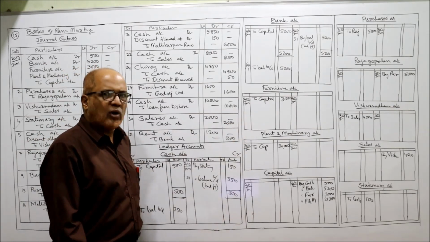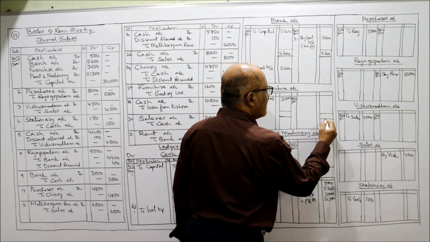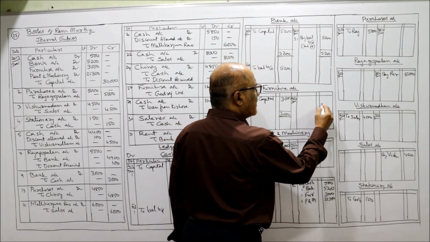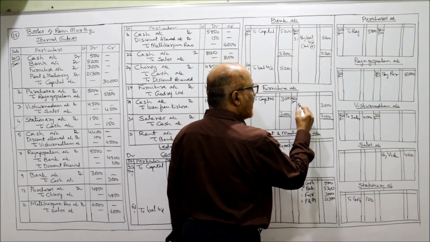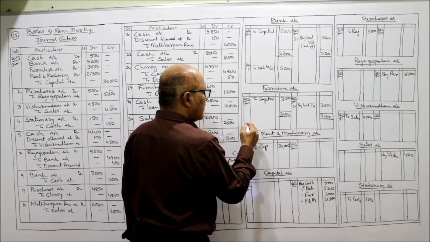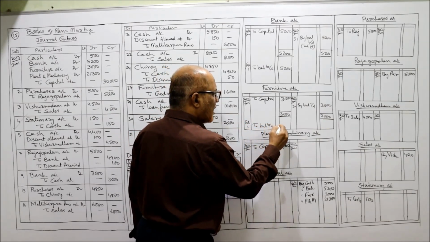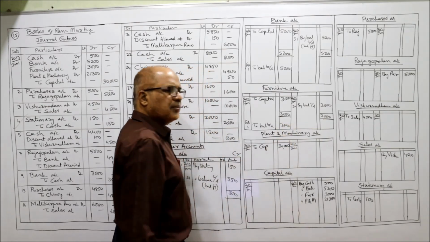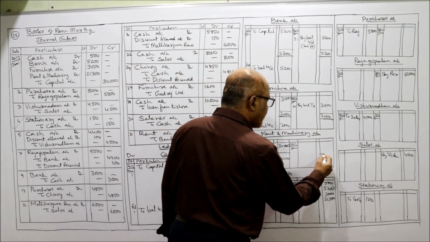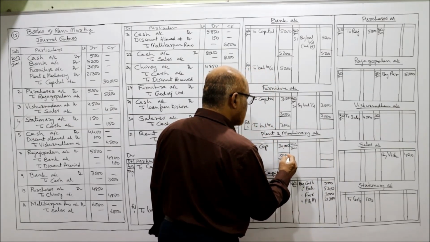Same way, one more account I will tell you, furniture. Furniture, debit side we have 3,000. The same 3,000 you take on the credit side, by balance carried down, 31st Jan. Then February 1st, to balance brought down, 3,000. That's all. Plant and machinery is also the same. Plant and machinery is not 3,000, sorry.